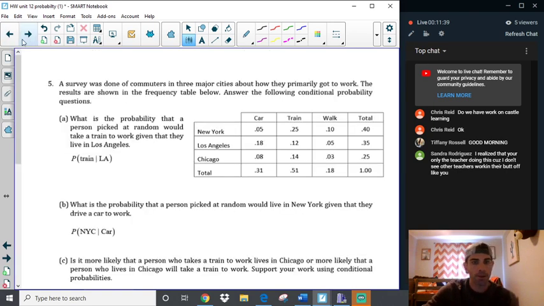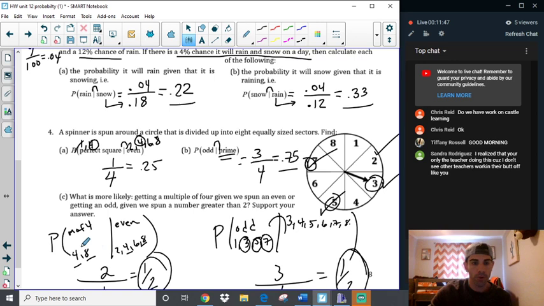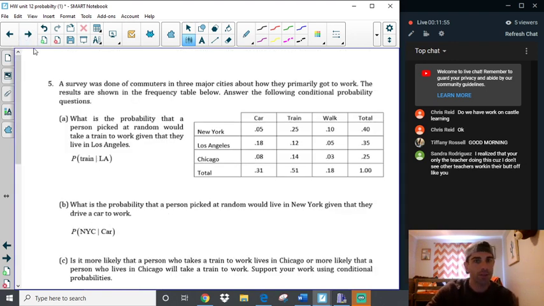Okay. Now let's go to reading a table, which actually is a little bit easier. In this last question, I had to figure out the numbers that would be the intersection. I had to figure out which numbers were even. But when you have a table, I'm giving you all the numbers. You just have to be able to read it. So if we read the question, here's what they want to know. The probability of taking the train given that you're in LA.